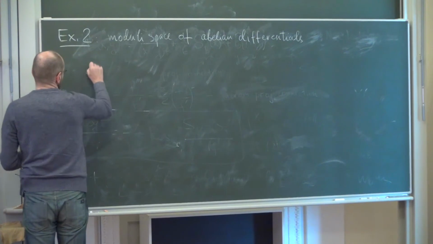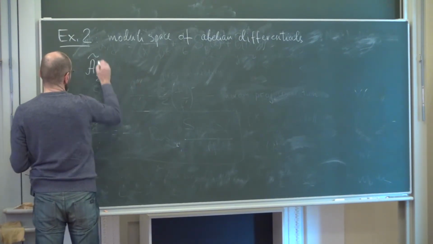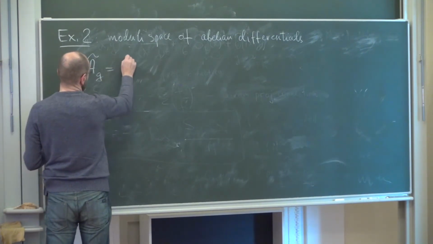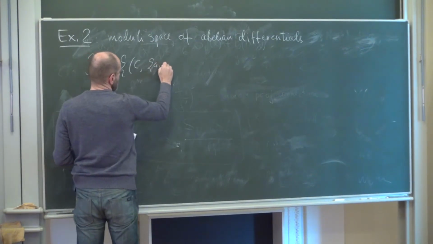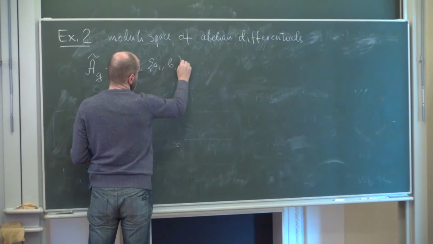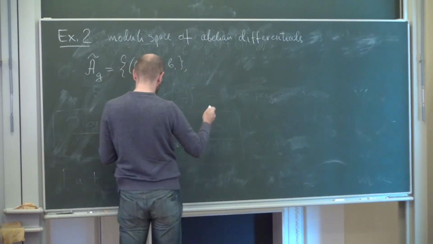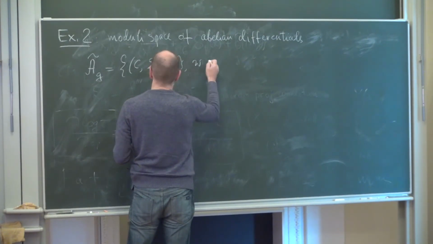Well, again, we start with a rather big space, H D tilde, that consists of triples: C, the canonical homology basis, and a holomorphic abelian differential, say w.